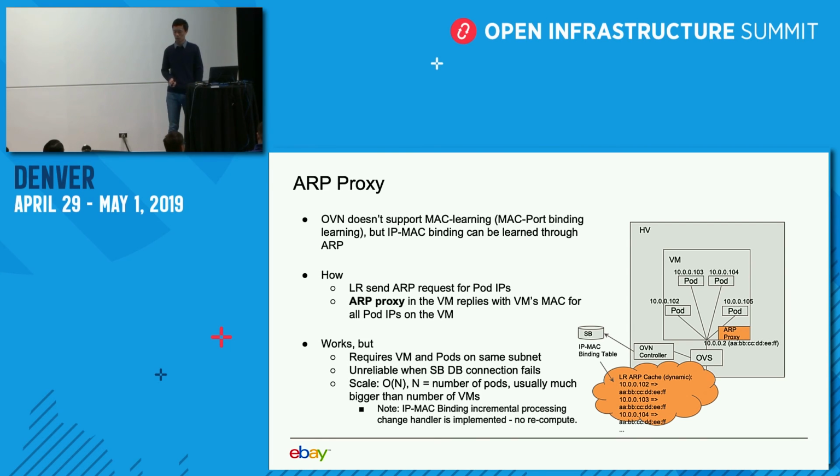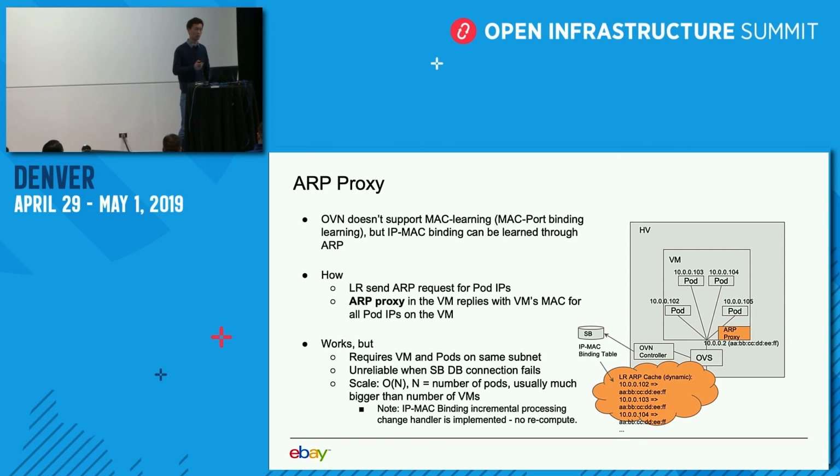It works, but it basically requires the VM and ports to be in the same subnet. Also, it might not be very reliable because it relies on dynamic ARP messages populated to the southbound DB.